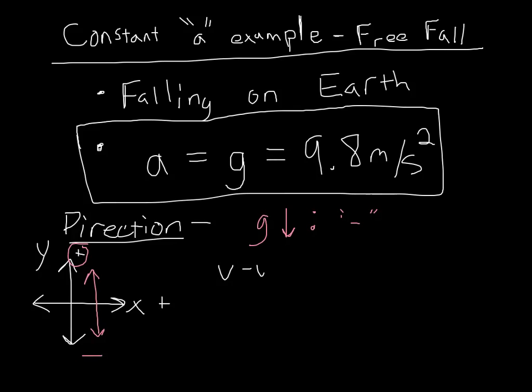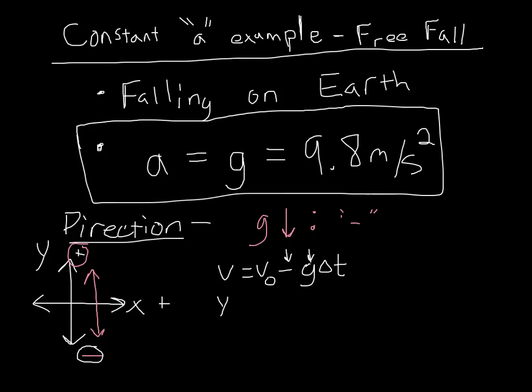I have v is equal to v0 minus g delta t. Still acceleration is g, and the negative comes from the fact that Earth is pulling it down. The acceleration is in the negative direction. And I chose here up is positive, down is negative.